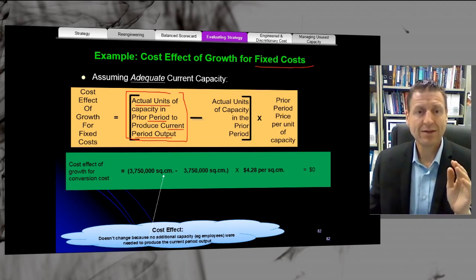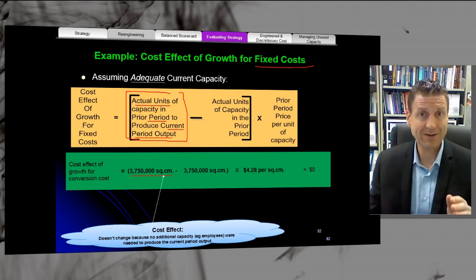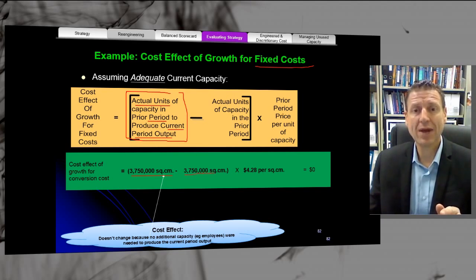And so in the prior period, the actual units of capacity needed would have been 3.75 million square centimeters, and actual units capacity in the prior period was 3.75 million square centimeters. So we have a zero variance.